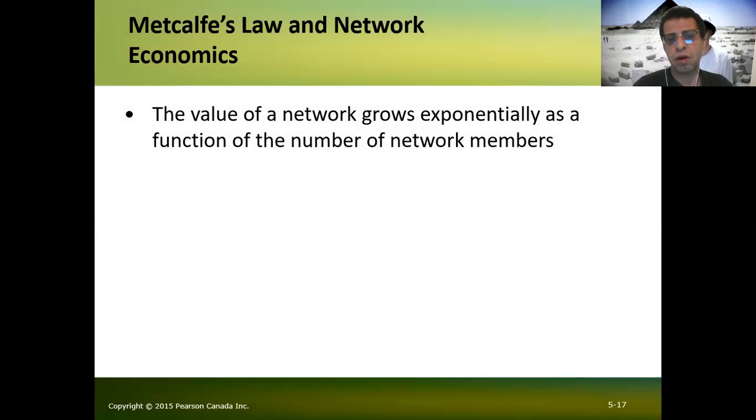Metcalfe's law and network economics: the value of the network grows exponentially as a function of the number of network members. We don't want to talk that much about it, because you know what happened during the corona.